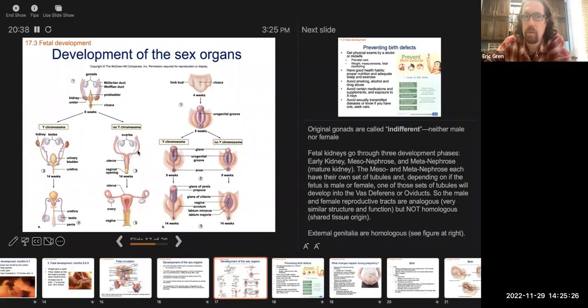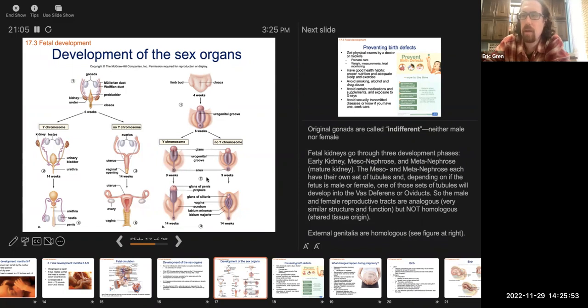In other words, they don't develop out of the same tissue. They actually develop out of different tissues. Okay, so the fallopian tubes develop out of different tissue than the vas deferens do. Okay, so they're analogous. They have a very similar structure, very similar function, but they're not derived out of the same tissue.